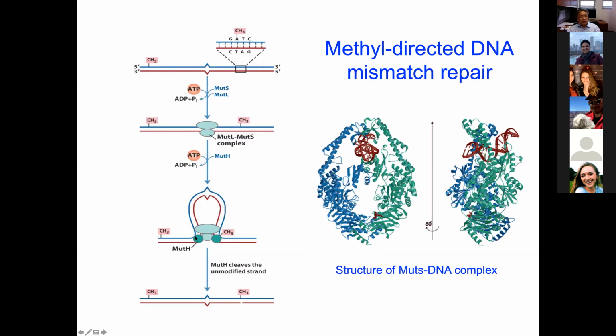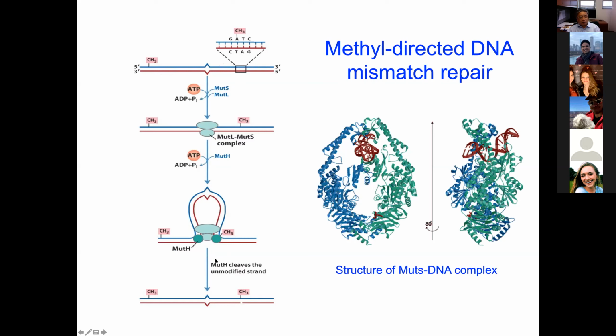And then you see that the DNA actually loops around this enzyme, and the mismatch region now forms a loop out of this enzyme. And then the MutH enzyme is recruited.